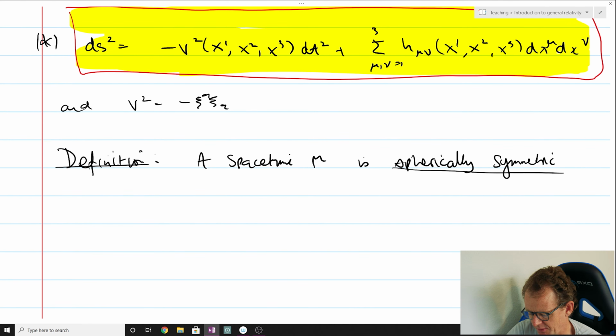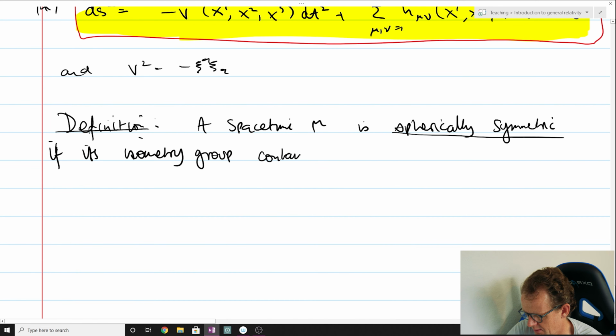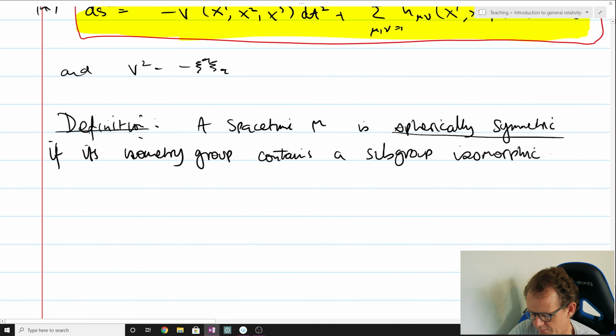So a spacetime M is spherically symmetric if its isometry group, that's the group of all its symmetries, contains a subgroup. So there must be a bunch of subsymmetries which are equivalent to those of a sphere. And the symmetries of the sphere is the Lie group SO3, the rotations.